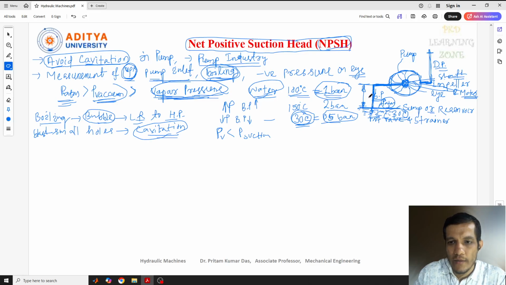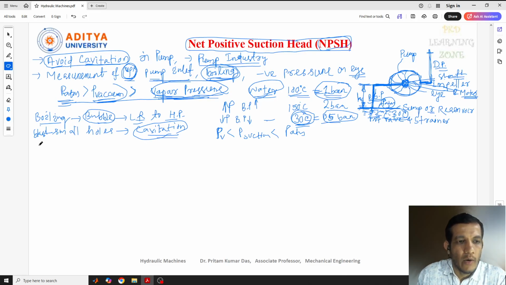Here the suction pressure works, and this is HS, the height of the suction pipe, or head of the suction. Now the vapor pressure PV is less than the P suction, which should be less than the P atmospheric. The same thing I have written here.